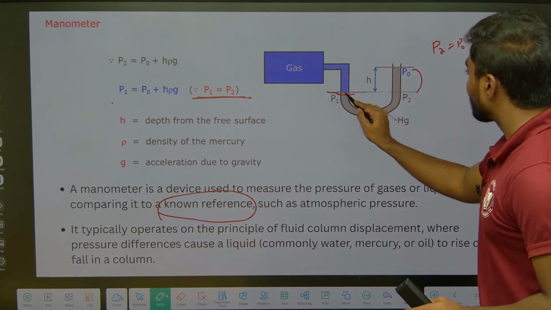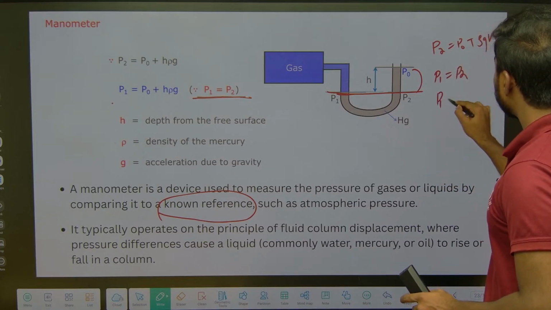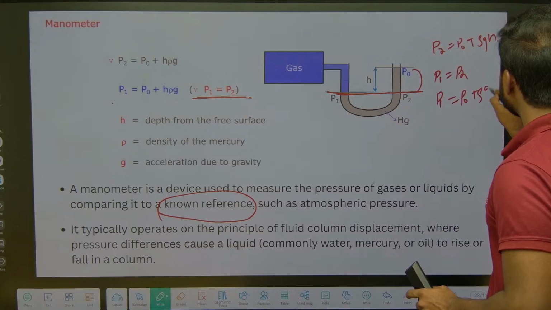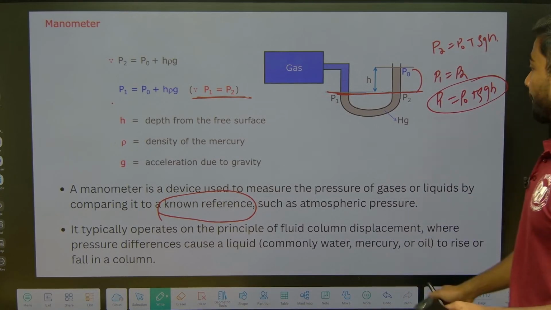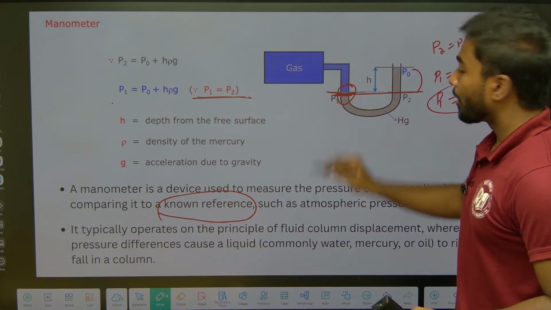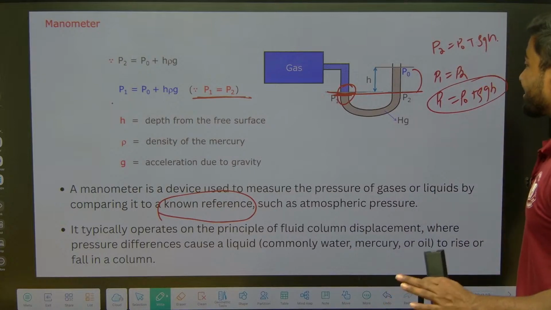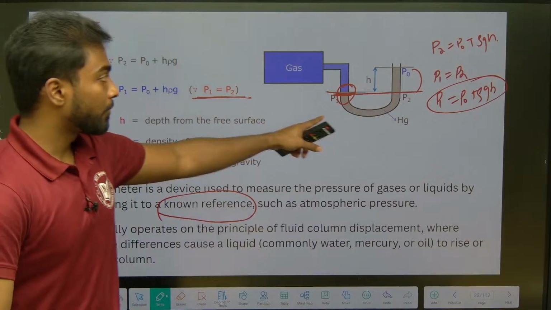Since P1 and P2 are at the same height, P1 equals P2, which is P0 plus rho g h. If the density differs, it will change. Since they are in the same liquid, I can compare them.